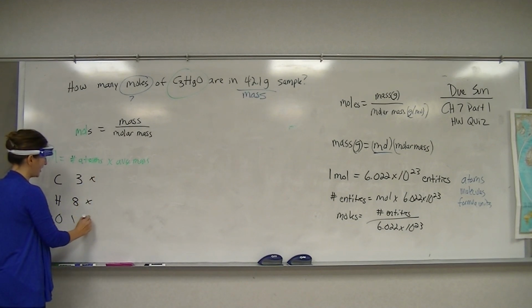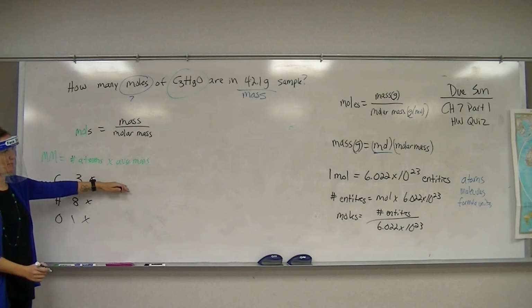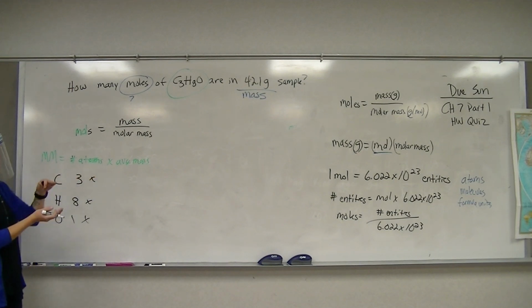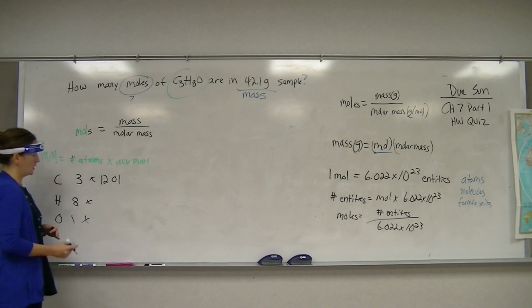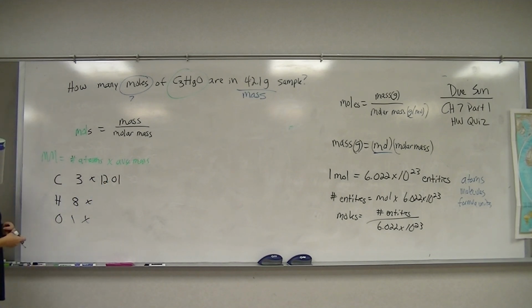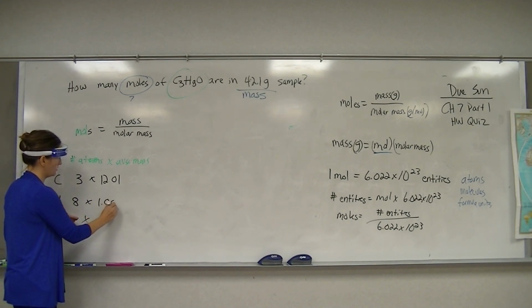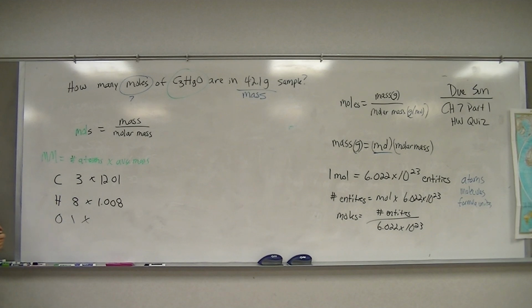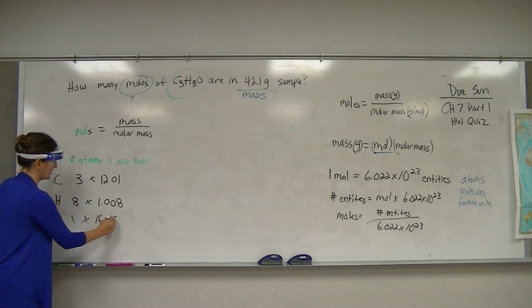Next, we go to the periodic table, and we find carbon on the periodic table and write down its mass. Remember, that's the decimal point number underneath the chemical symbol. So carbon is 12.01. Hydrogen, it's the very first element on the periodic table, 1.008. And then oxygen, we actually looked that up in our last molar mass calculation, it was 16.